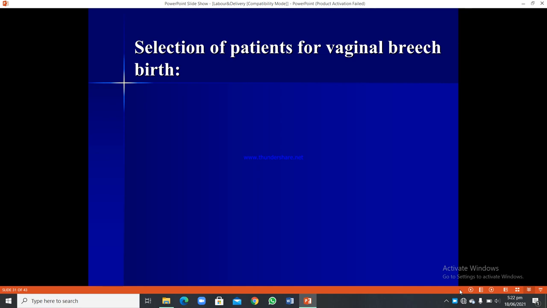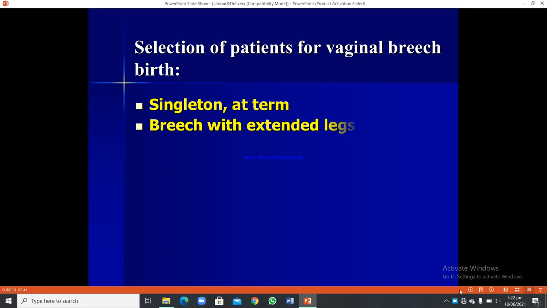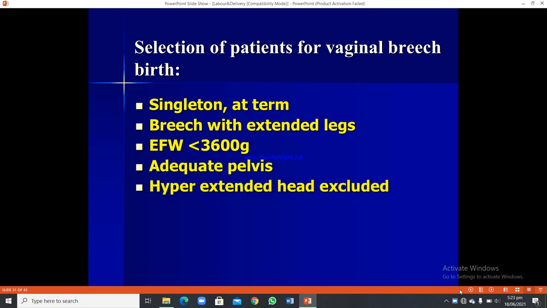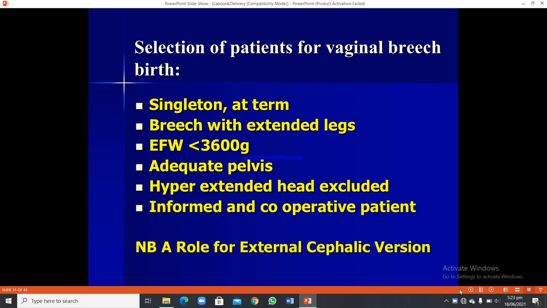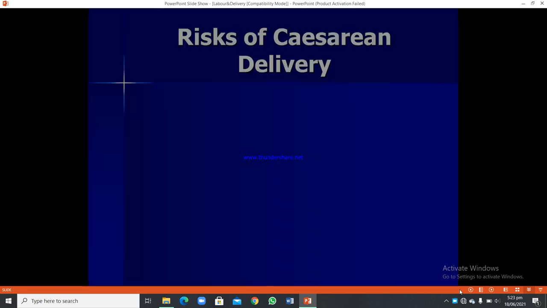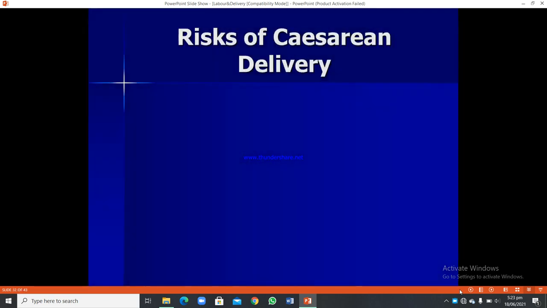Selection of the patients for vaginal breech birth: singleton at term, breech with extended legs, estimated fetal weight less than 3600, that is 3.6 kg, adequate pelvis, hyperextended head excluded, informed and cooperative patient, and again a role for external cephalic version is there.